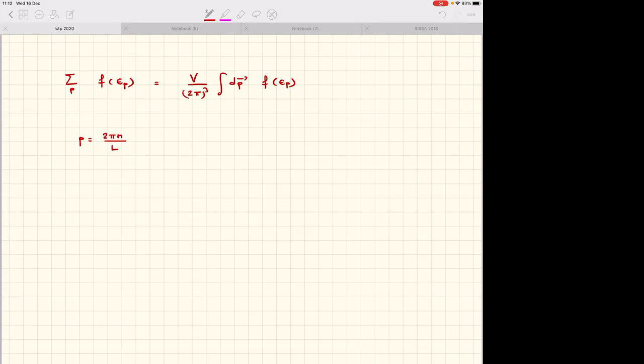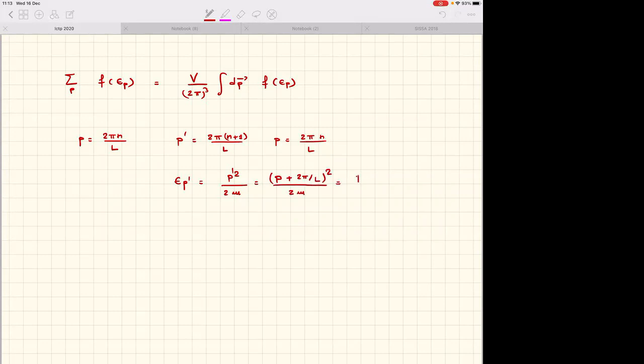Let me think about one component where n changes by one unit. Let p prime equal 2 pi (n plus 1) over L, and p equal 2 pi n over L. Now let me compute epsilon p prime, which is p prime squared over 2m, which is p plus 2 pi over L, squared, over 2m.